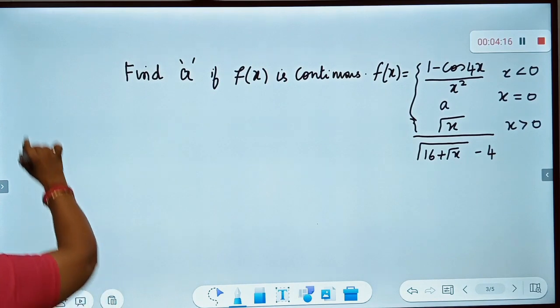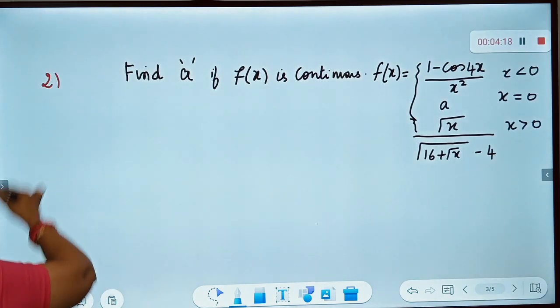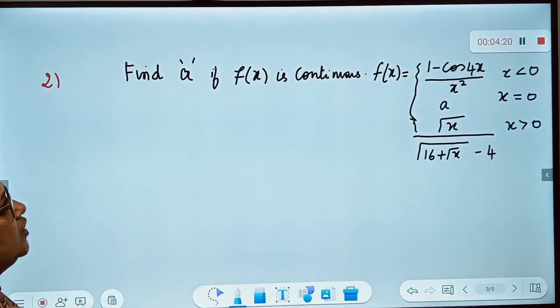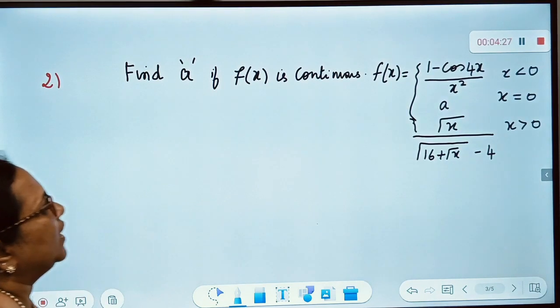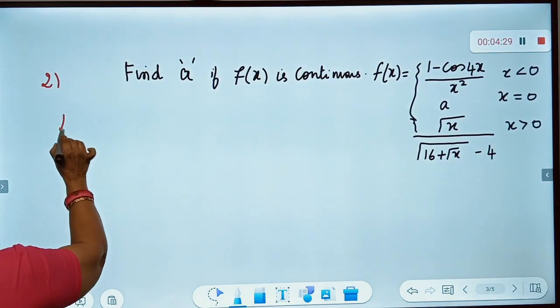Now let us look at the second problem. Find a if f is continuous. Okay. So again you can see the function is defined around 0. So let us look at left hand limit.